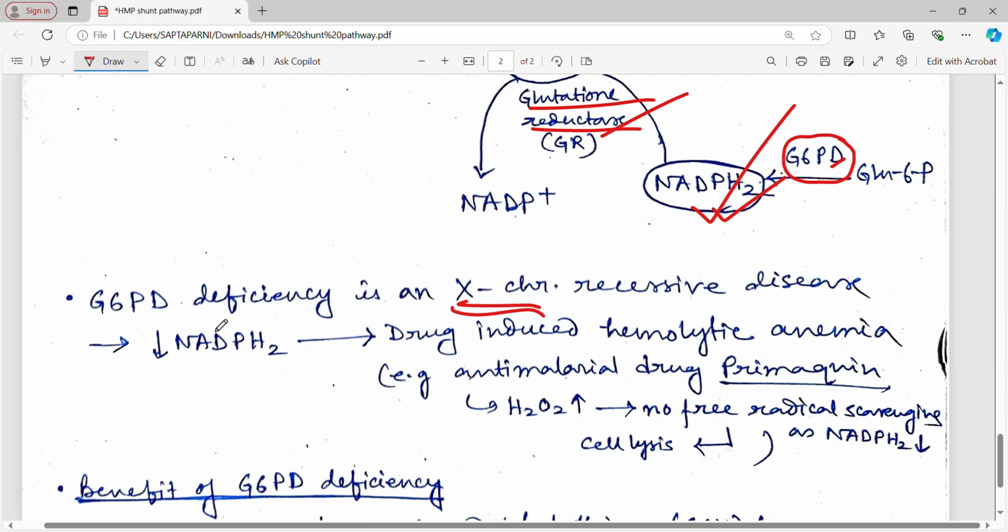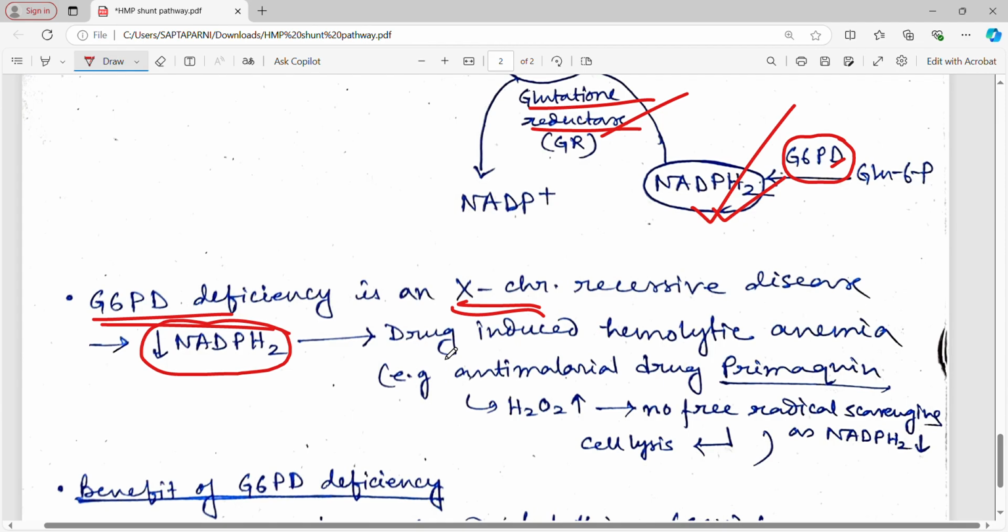If the G6PD enzyme activity is lost, obviously less NADPH2 will be formed or no NADPH2 will be formed. As a result, the hydrogen peroxide will not be converted into non-toxic water, and the hydrogen peroxide will accumulate in our body and our cell will get lysed, our cell will not be viable.